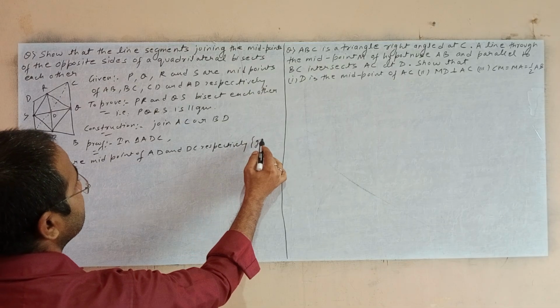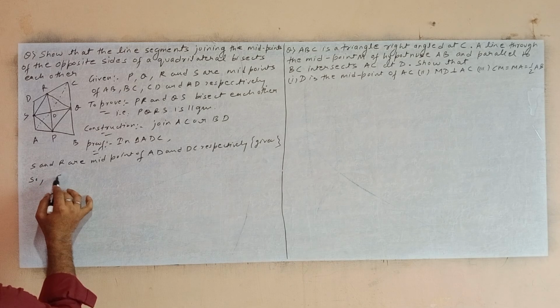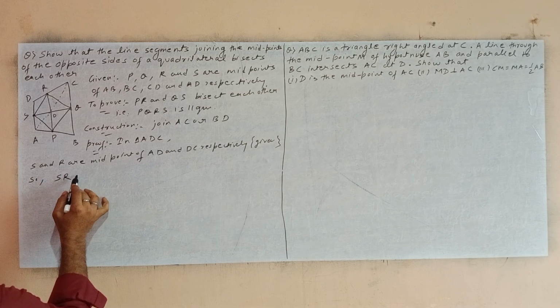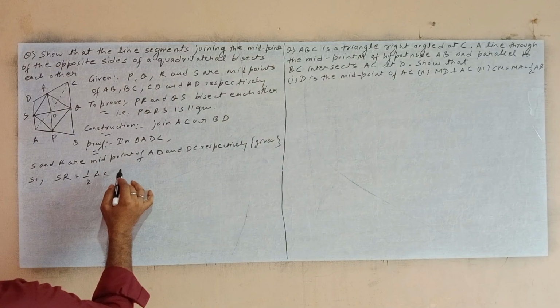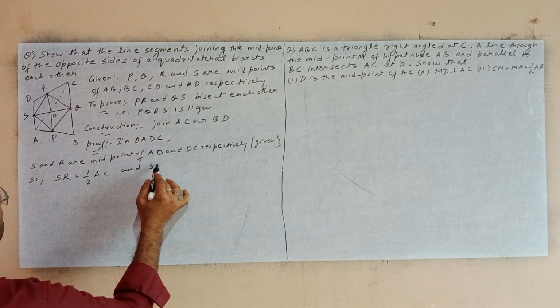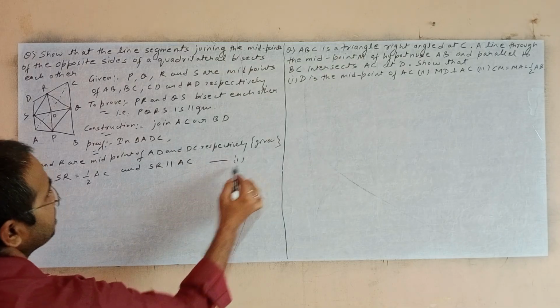Why is it given? It is given. So you can say that SR is equal to half of AC, and SR is parallel to AC. Take it as the first equation.